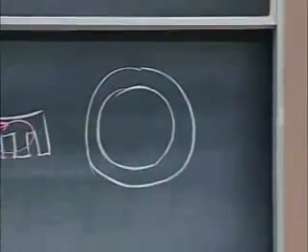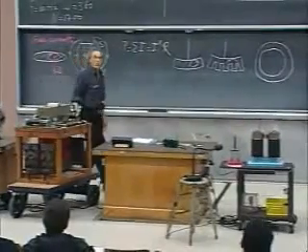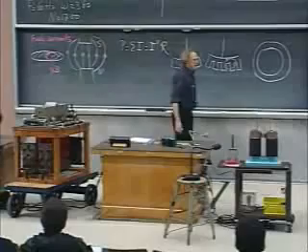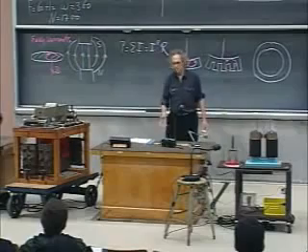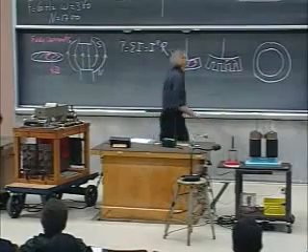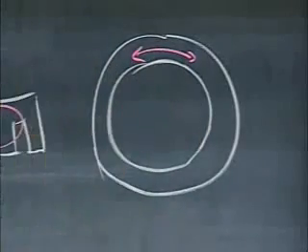I drop it through the magnetic field. And as the flux is changing, the eddy current will flow in such a direction that it will oppose the change. It could be in this direction or in this direction, I don't know, but it will flow to oppose the change.